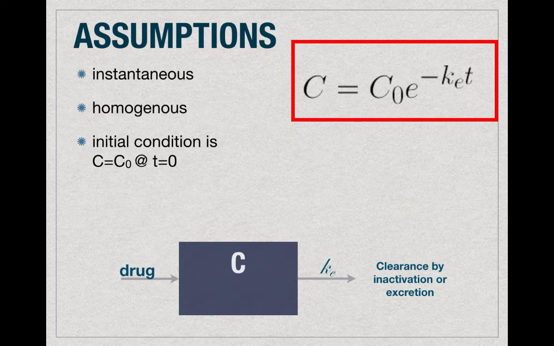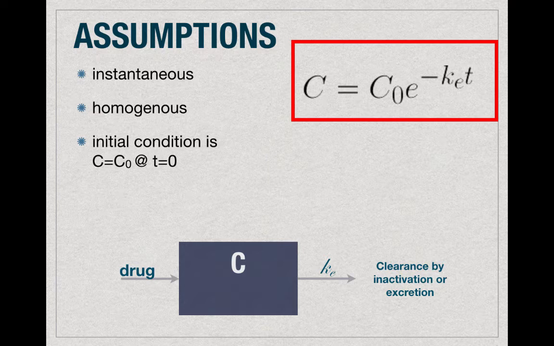And the initial condition is the concentration equals C0 at T equals 0. Now T equals 0 doesn't mean there's no drug. T equals 0 is going to mean that delta function, that is your initial concentration, everything that was injected.